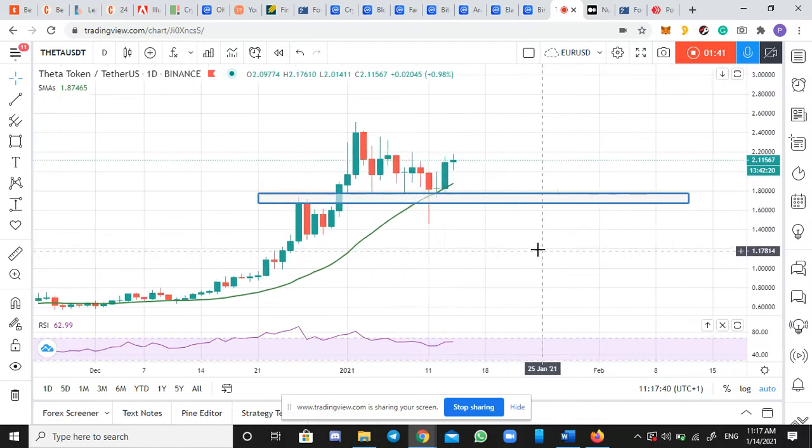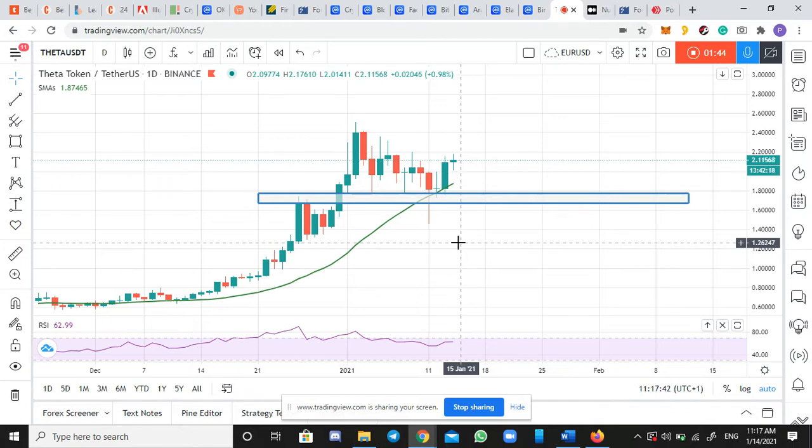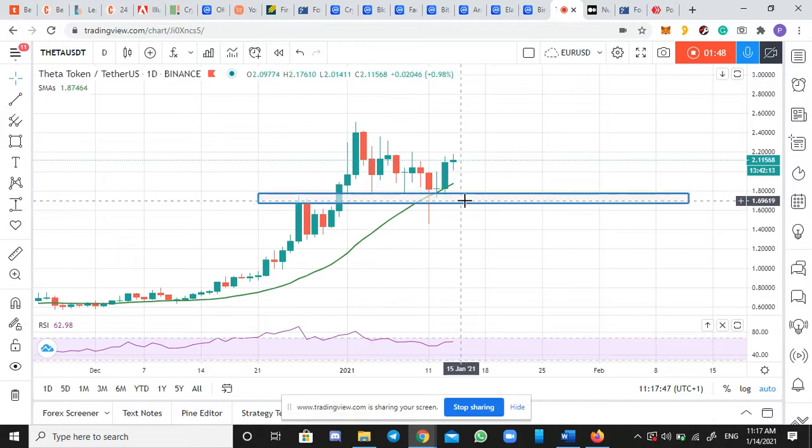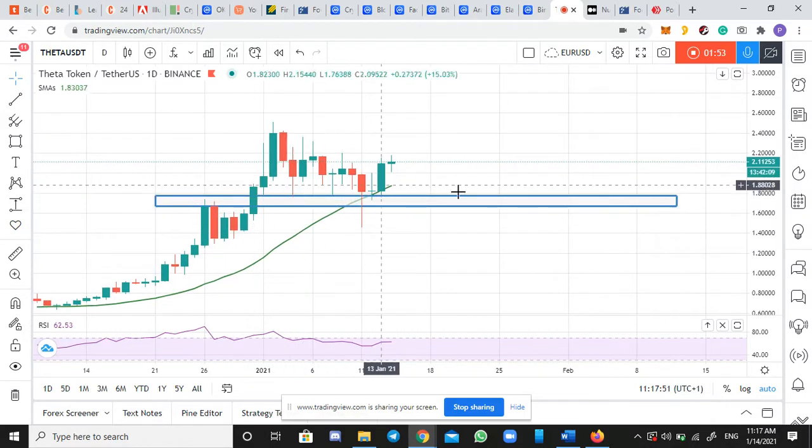And if you go to a lower time frame, it wouldn't be just a wick like this. You'll probably find candles in this resistance, and this resistance turned support.